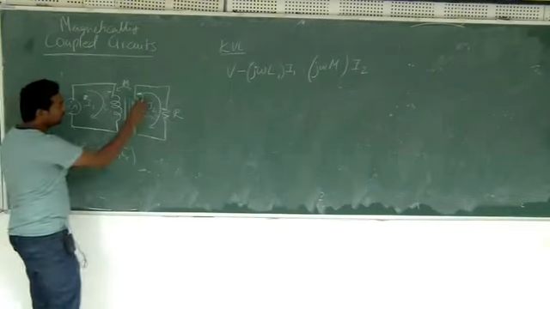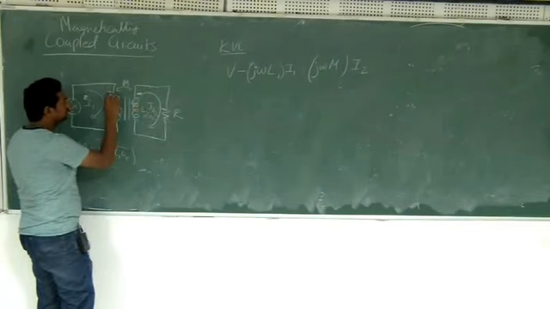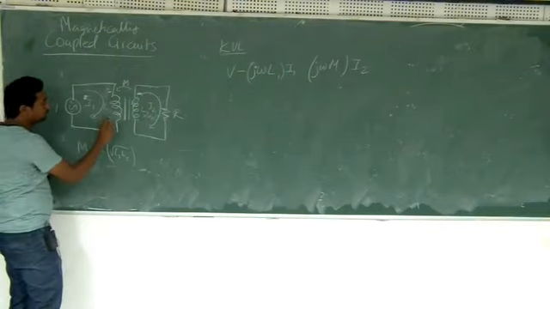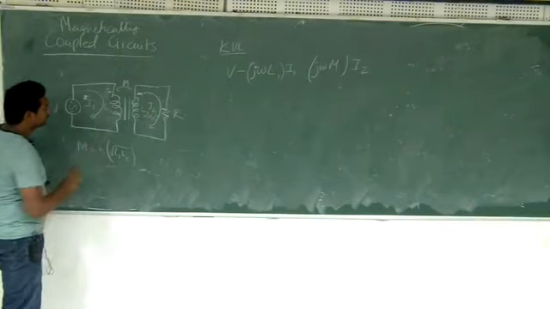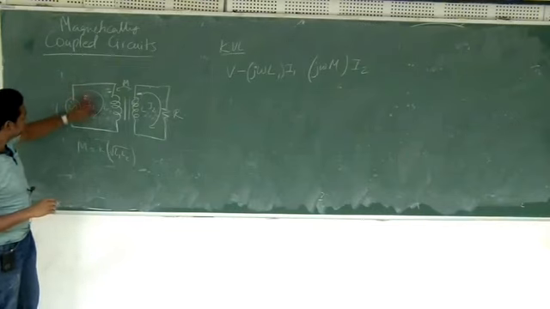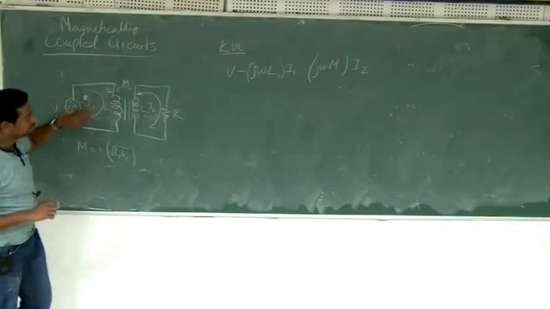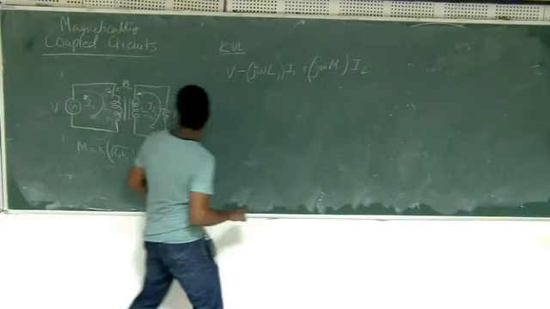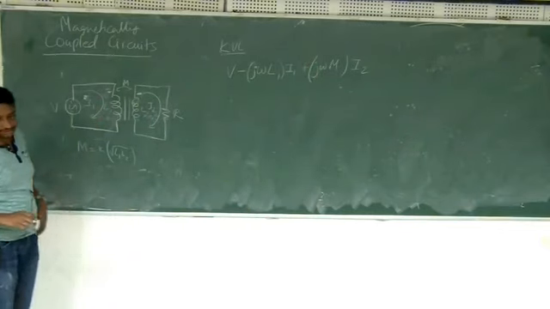Current leaving the dot means this will be negative. EMF will be induced in such a direction that it is minus here and plus here. Because of that, since I am using Kirchhoff's voltage law in this direction, I'll use a plus sign here, because from the minus side I am going to the plus side.